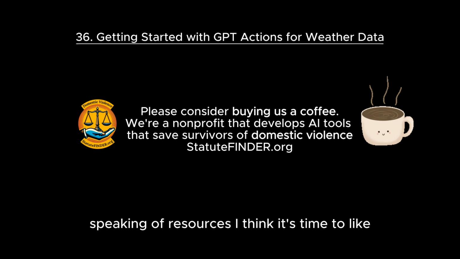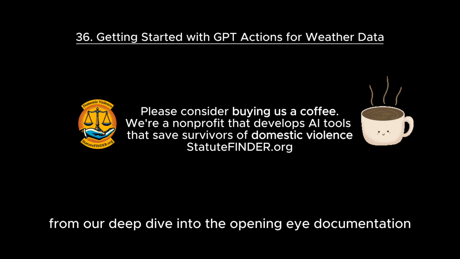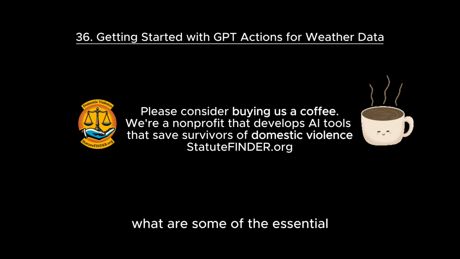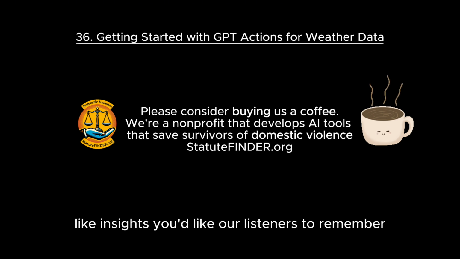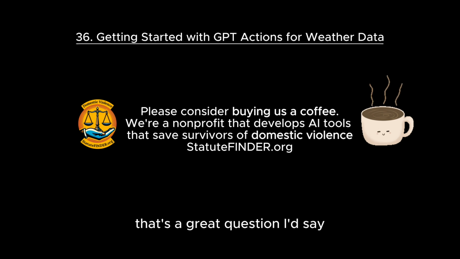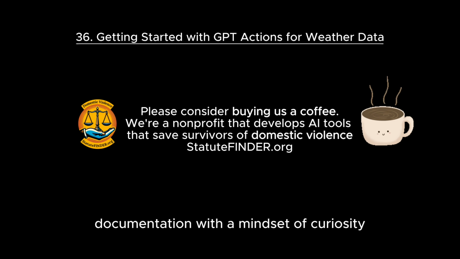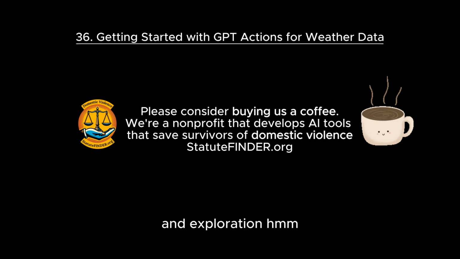Speaking of resources, I think it's time to recap some of the key takeaways from our deep dive into the OpenAI documentation for Python beginners. What are some of the essential insights you'd like our listeners to remember as they embark on their own GPT action adventures? That's a great question. I'd say the most important takeaway is to approach the OpenAI documentation with a mindset of curiosity and exploration.